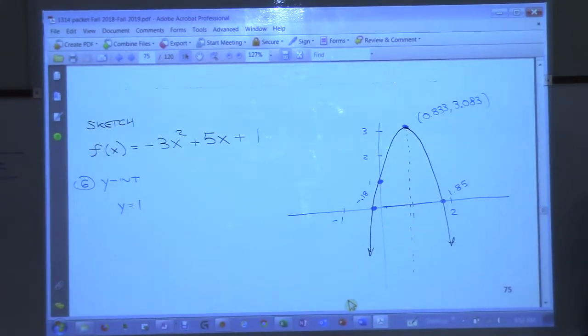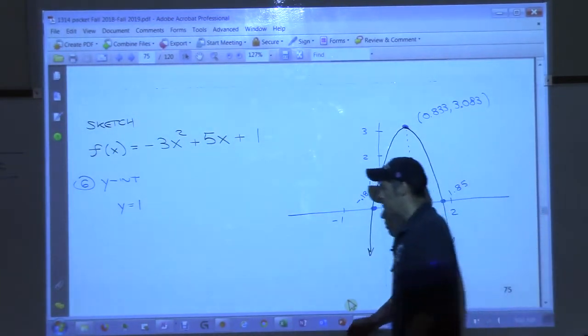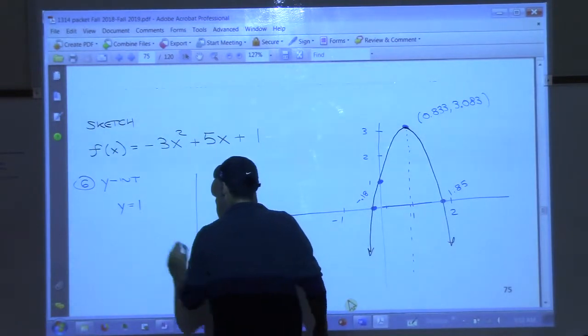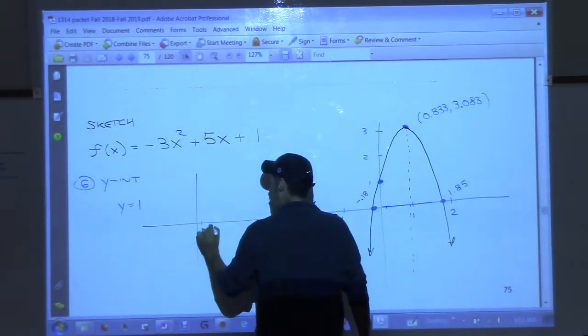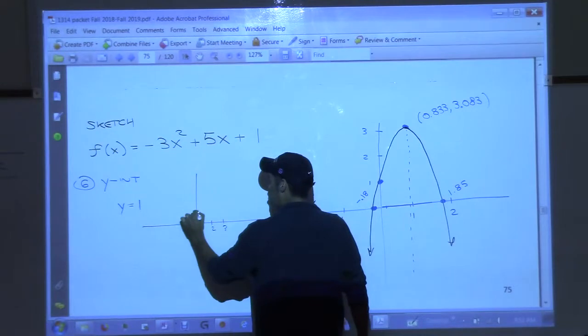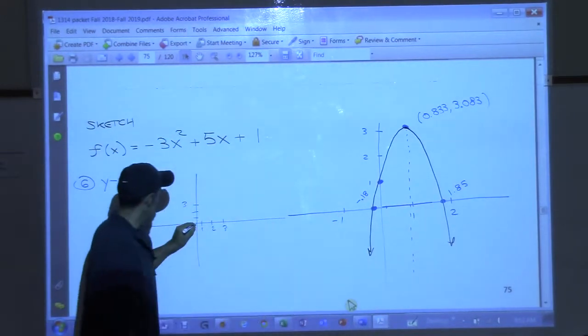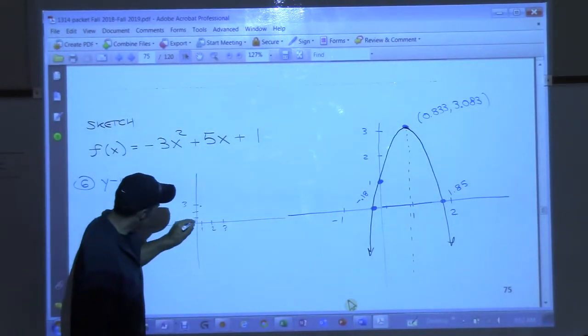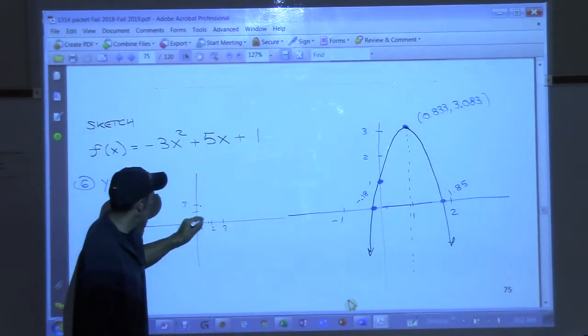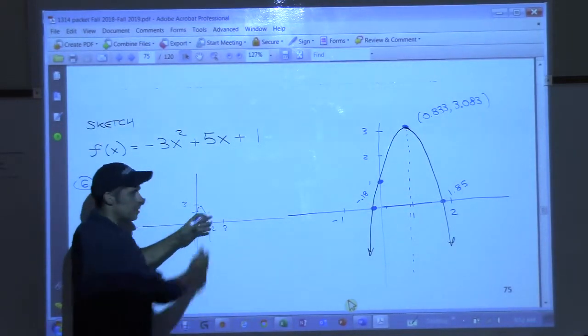All right, that's how we graph. What if we draw it proportionally? Say we're right, but the drawing isn't as accurate. Well, it doesn't have to be perfect, but I don't want you to do 1, 2, 3, 1, 2, 3 and try to draw this little parabola in this big old space.